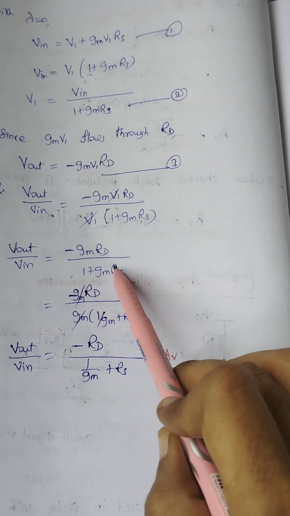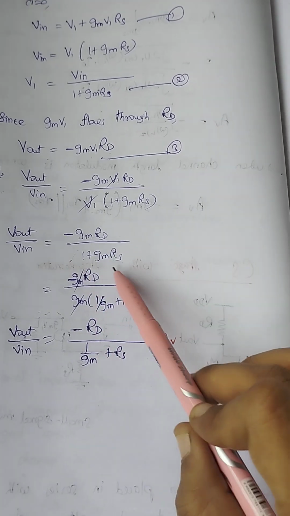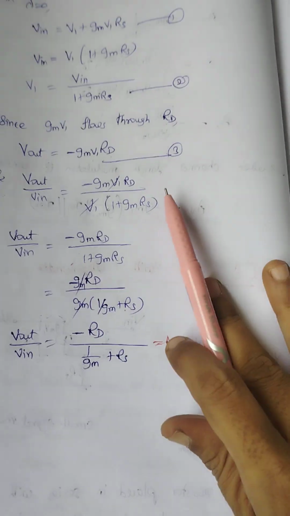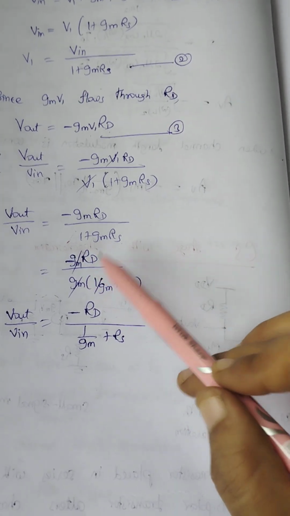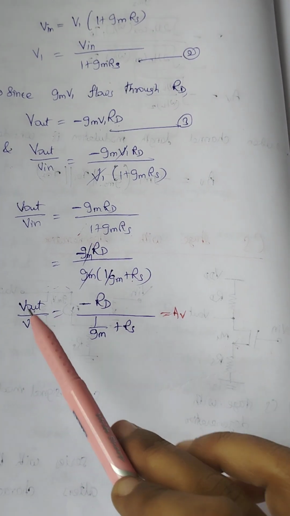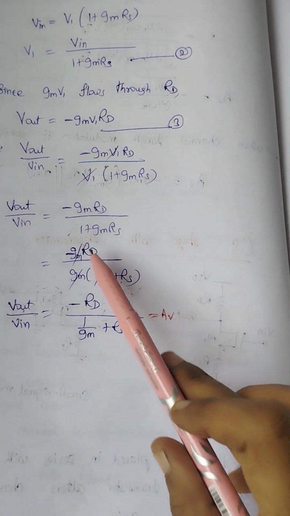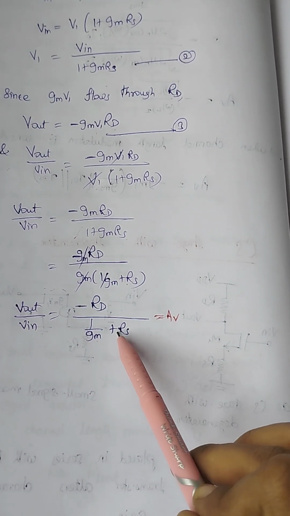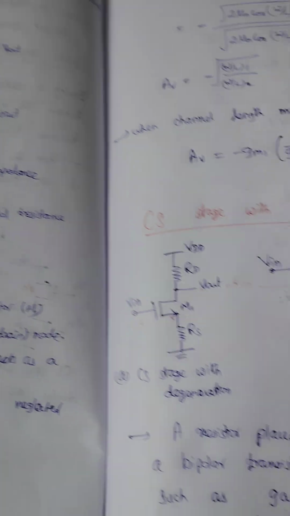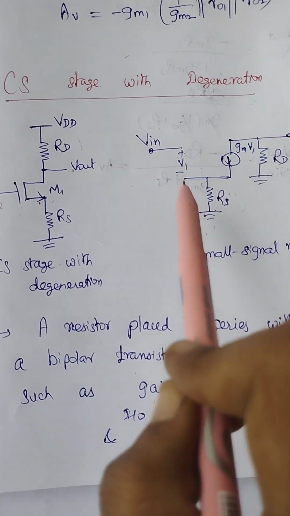Taking GM outside in the denominator, we get GM into 1 by GM plus RS. We can cancel GM because it is in both numerator and denominator. So finally AV equals Vout by Vin equals minus RD divided by 1 by GM plus RS. This is my voltage gain equation of common source stage with degeneration.